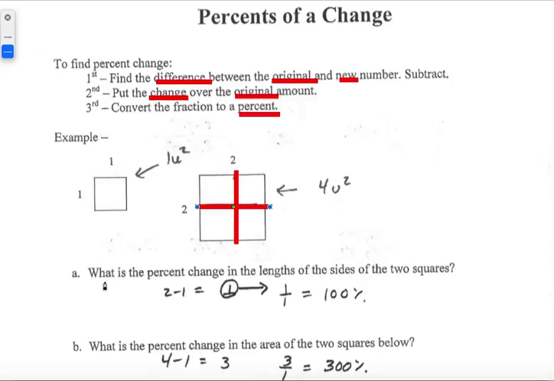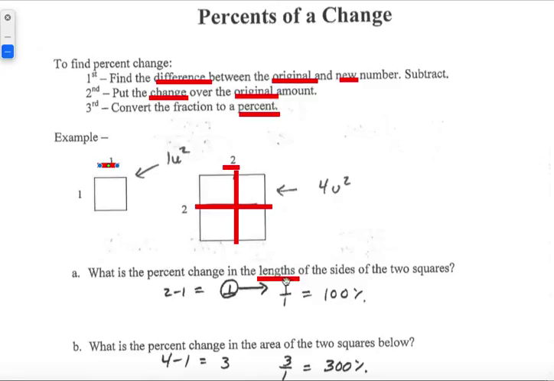So part A, what is the percent change in the lengths of the sides of the 2 squares? For this problem, we're not using the area that we calculated. We're using the lengths of these 2 squares. Step 1, find the difference. We take 2 minus 1, and we get a difference of 1.